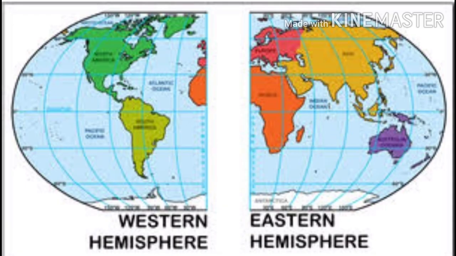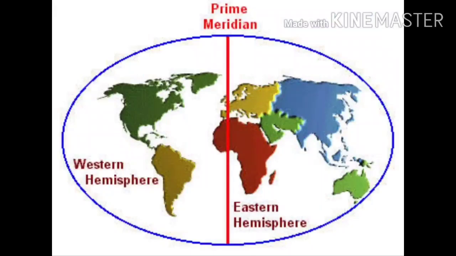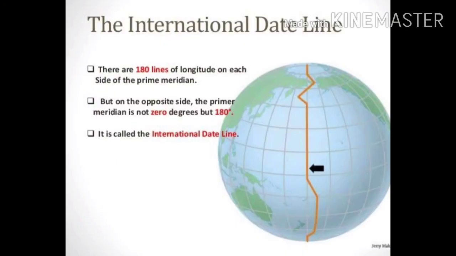The prime meridian divides the earth into two hemispheres, that is, the eastern hemisphere and the western hemisphere. In each hemisphere, there are 180 lines of longitude, numbered 0 degrees to 180 degrees.